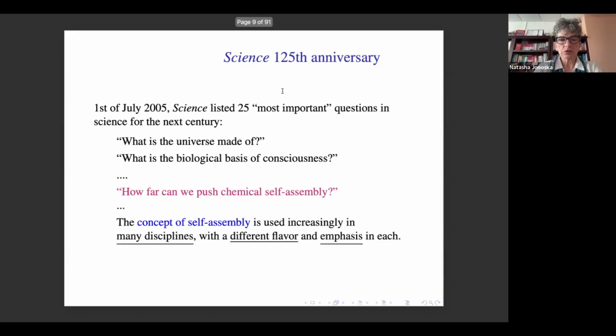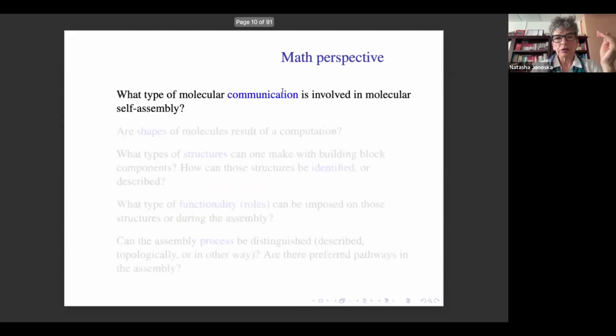And the concept of self-assembly actually is used increasingly in many disciplines and with different flavors and emphasis in each discipline.